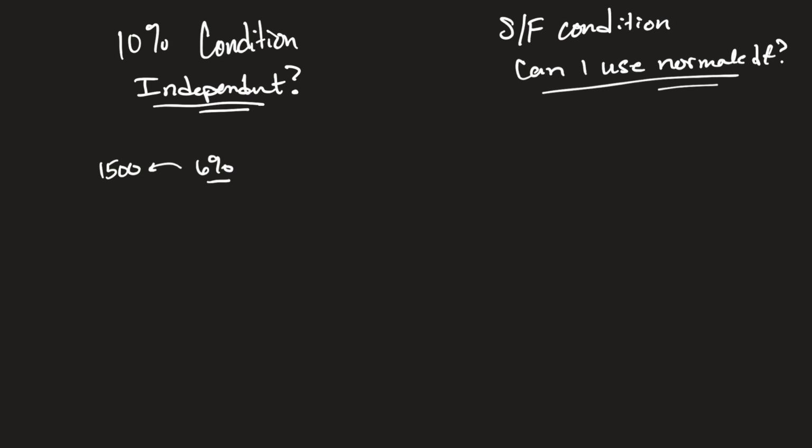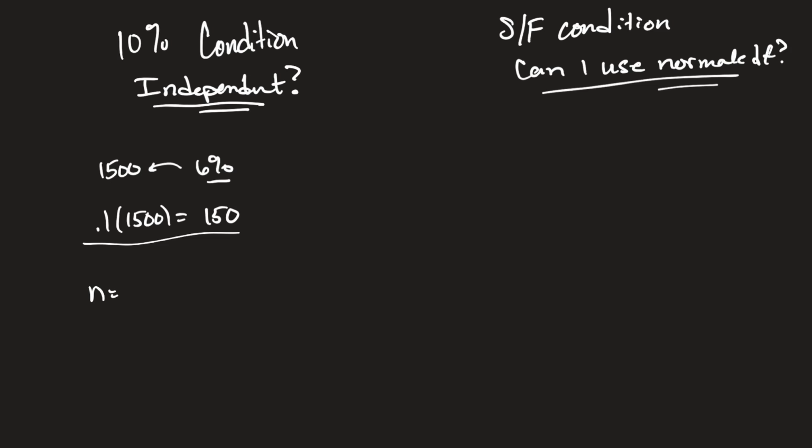If I use our school as our population, 0.1 times 1,500 equals 150 people. I can take a sample of 150 or less, and we can consider that independent, even though we are sampling without replacement.